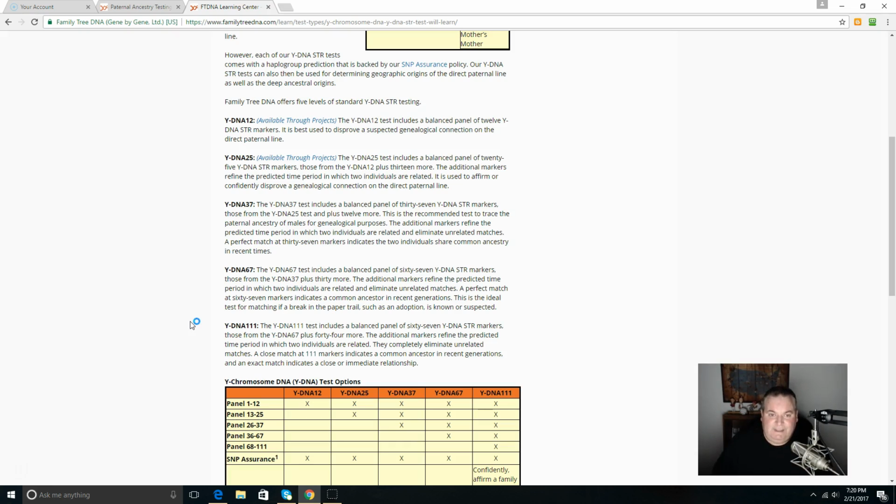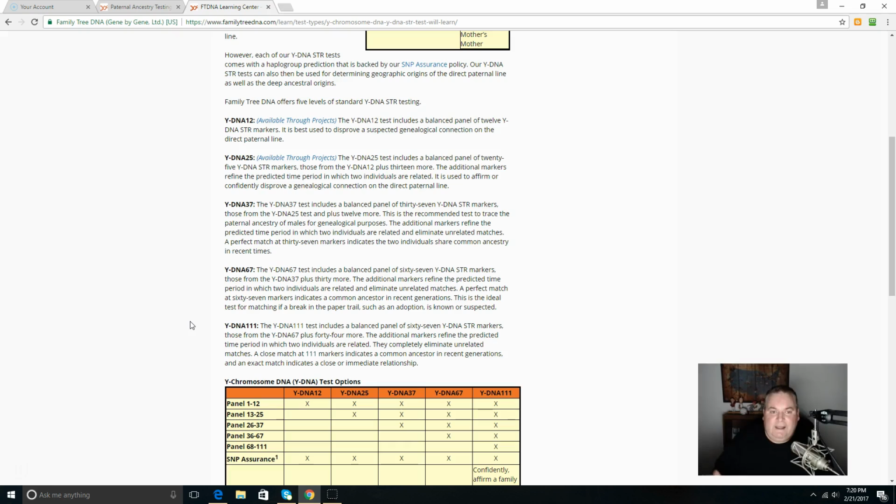The Y-DNA 37 test includes a balanced panel of 37 Y-DNA STR markers. And you get the 25 test plus your 12 DNA test and 12 more, making it up to 37. And that's recommended to test the paternal ancestry of males for genealogical purposes. The additional markers refine the predicted time period in which two individuals are related and eliminate unrelated matches.